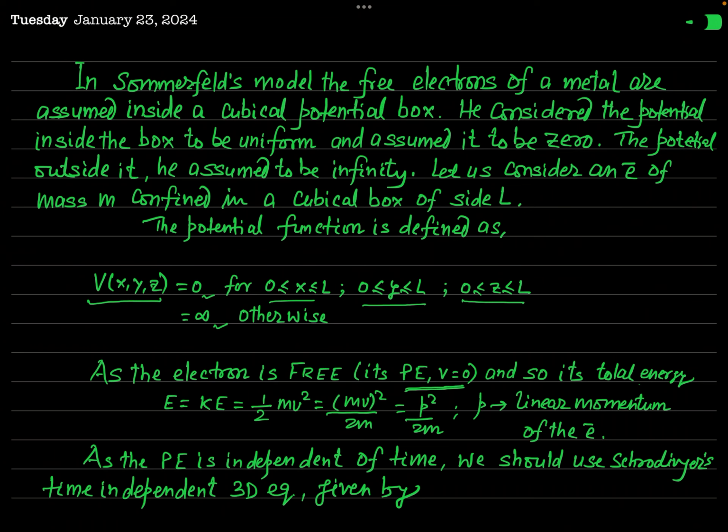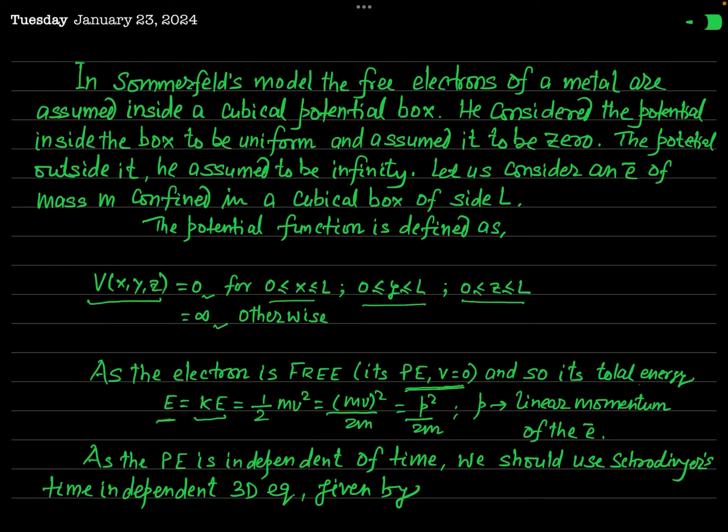Since the potential energy of this electron is 0, can you say what will be its total energy? You can easily say, since total energy is the sum of kinetic and potential energy, and potential energy is 0, definitely the total energy of this electron will be simply equal to its kinetic energy.